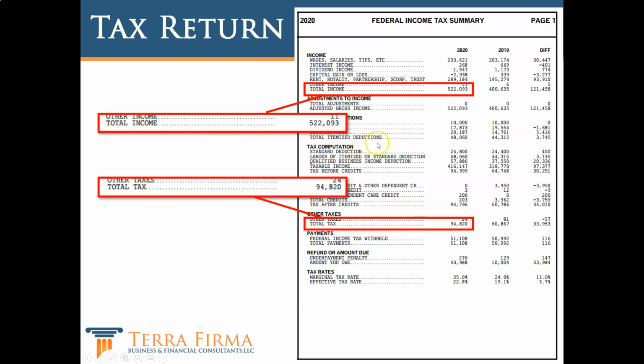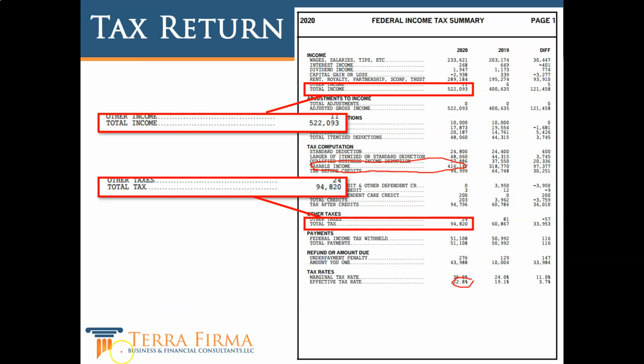Now, you have to have all your credits and all these other things, so their taxable income truly is right here, 416. Okay, so now if you took the total tax, the 94,820 divided by the 416,147, it would give you your effective tax rate.